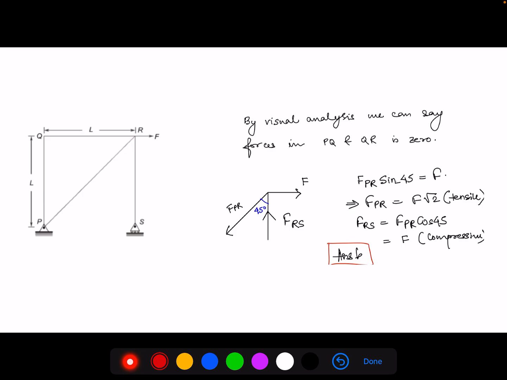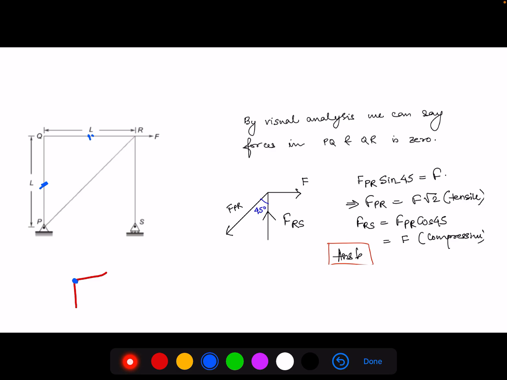Because we know when any 2 members are meeting at a joint, and there are no other forces on that joint, no other links, no reaction, no external load, in that case the force in both the links will be equal to 0.